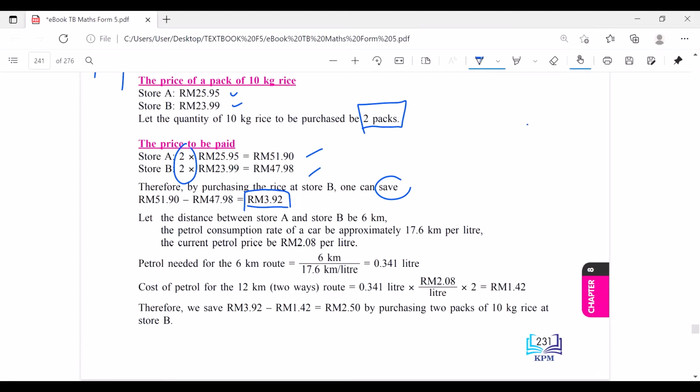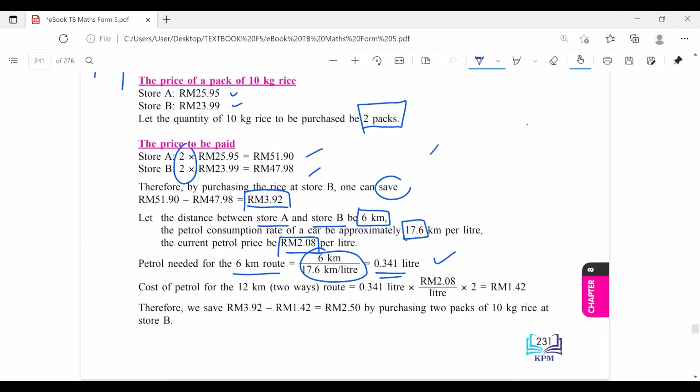And then let's say the distance is 6 kilometers between store A and store B. The petrol consumption rate of the car is this one, you already calculated. The current petrol price is this one. You got the information already. So petrol needed for the 10 kilometer route, you use this formula and you get 0.341 liter.